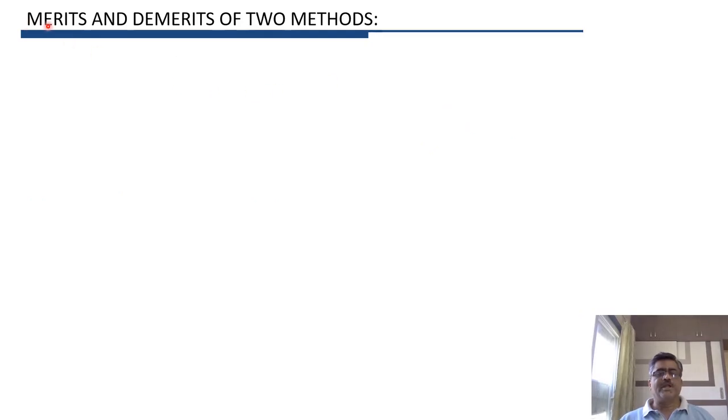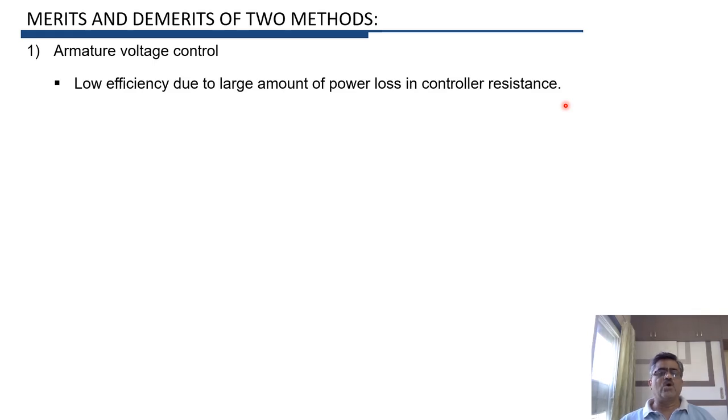Now we have studied two methods for speed control: armature voltage control and flux control. Let us see what are the relative merits and demerits of these first two methods. So first of all, armature voltage control. As already seen, a large amount of power is wasted in the controller resistance in case of armature voltage control, and therefore efficiency will be very low.